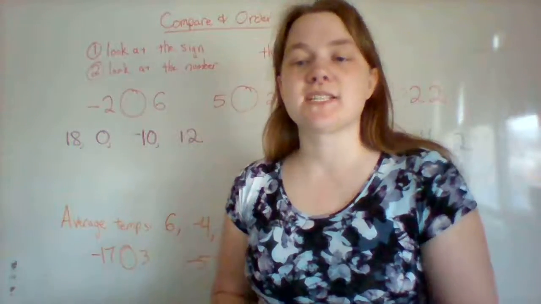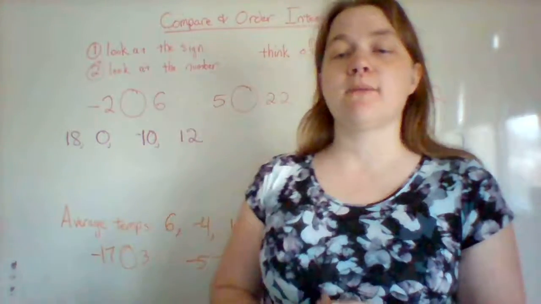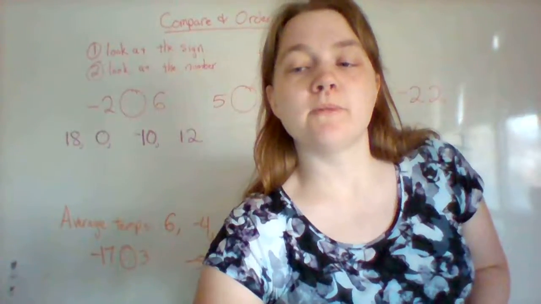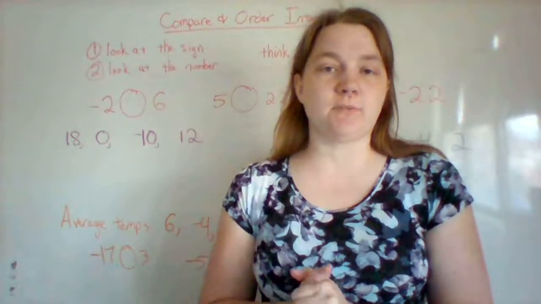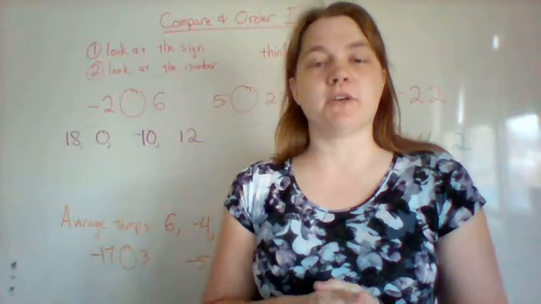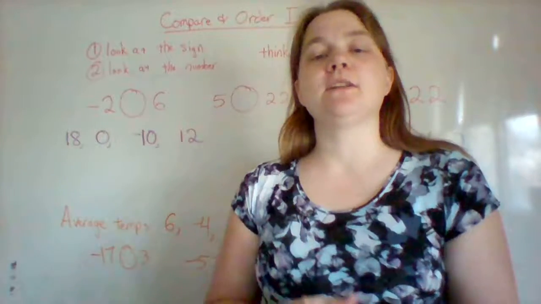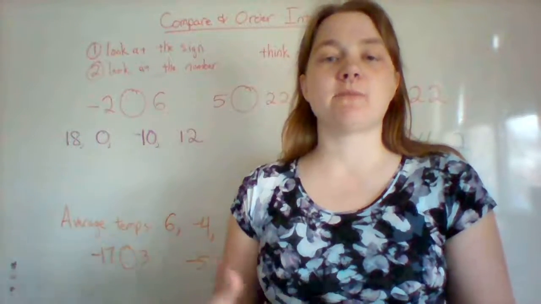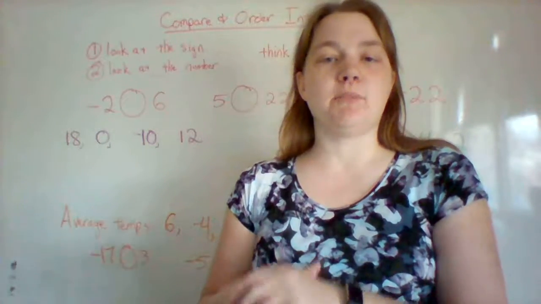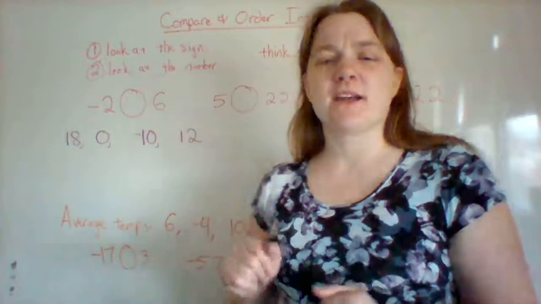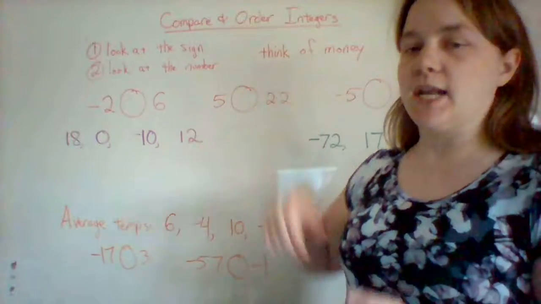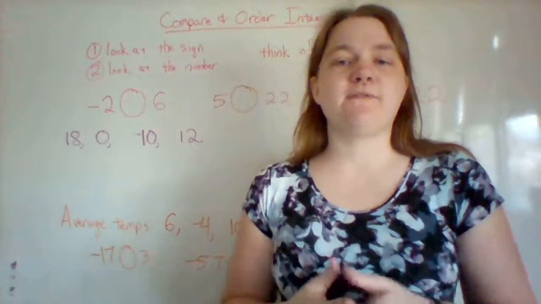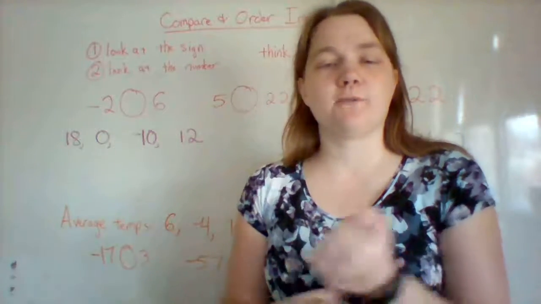If the signs are the same, then you're going to start to look at the numbers. What you're going to remember is that for positive numbers, the bigger number is the bigger number. And for the opposite, for the negative numbers, the smaller number is the bigger number. If that confuses you, think about money. Think about if you have positive $57 and positive $48.